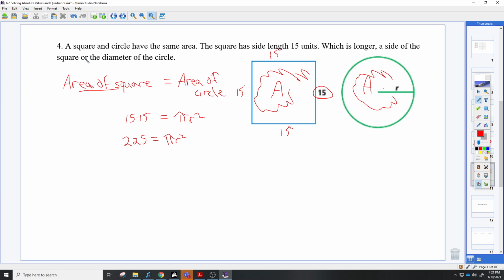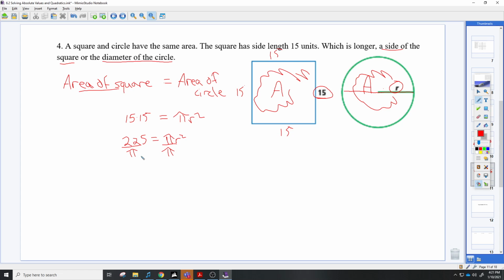Now we're trying to compare the side of the square or the diameter of the circle. But first we're going to get the radius of the circle, and then we'll compare that to the diameter, which is just the distance the entire way through the circle. So how do we solve something like this? We're going to divide both sides by pi. You can divide it by 3.14.